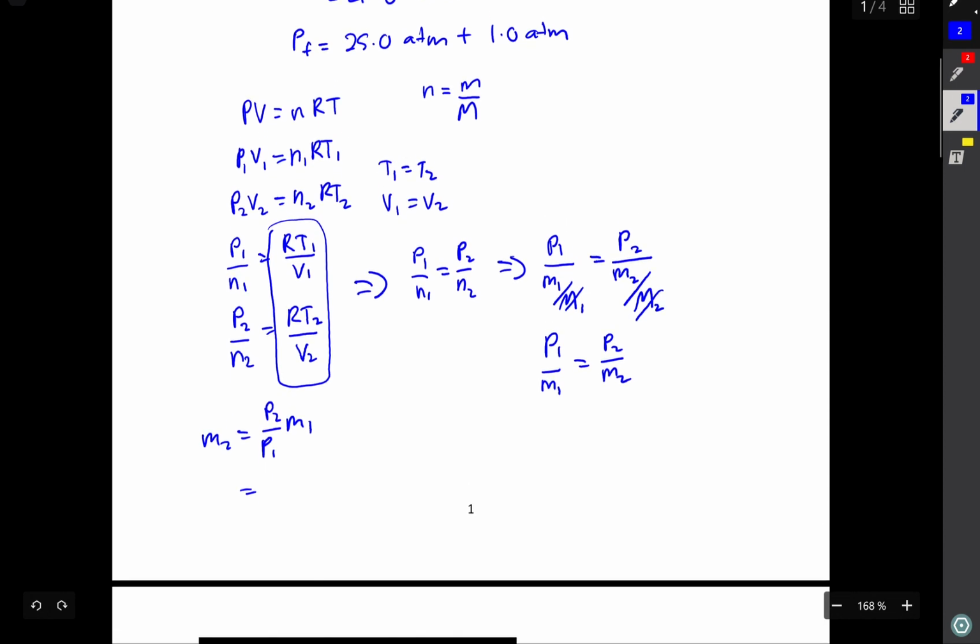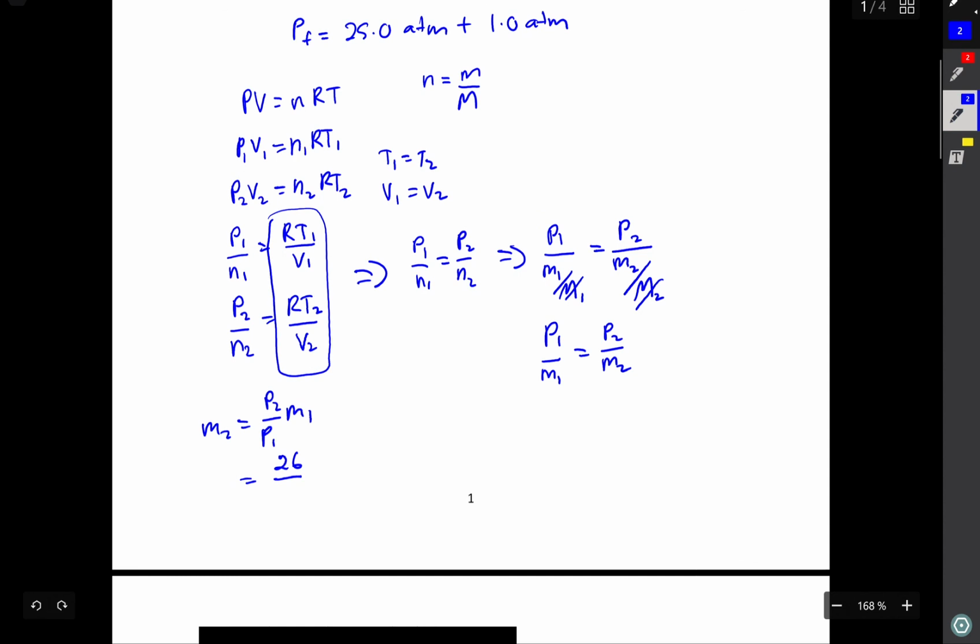So what are the pressures? P2 is the absolute pressure, and P1 is also the absolute pressure, so P2 is 26 and P1 is 41. Both remain in atm because both are in atm values, and the conversion from atm to Pascal is just a conversion factor, so we can just retain the units. So this is 41, and this one is 12 kg.